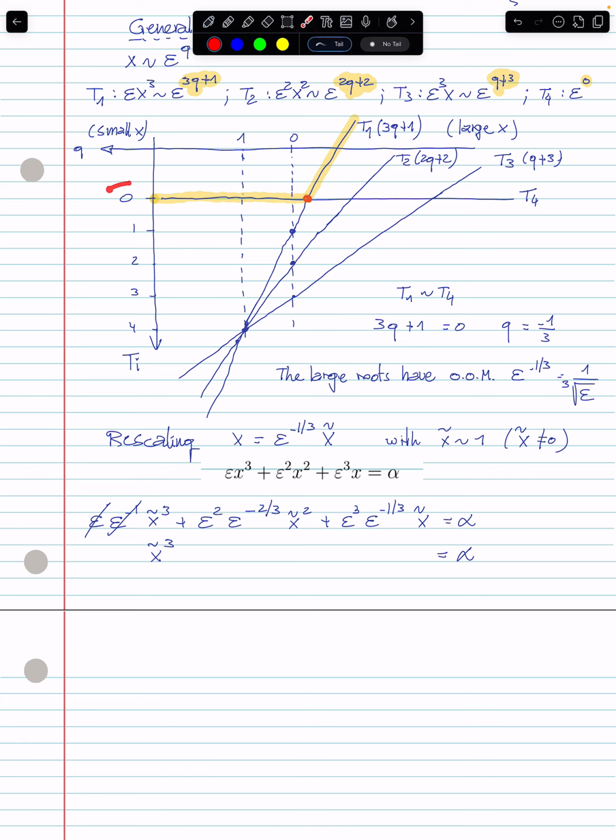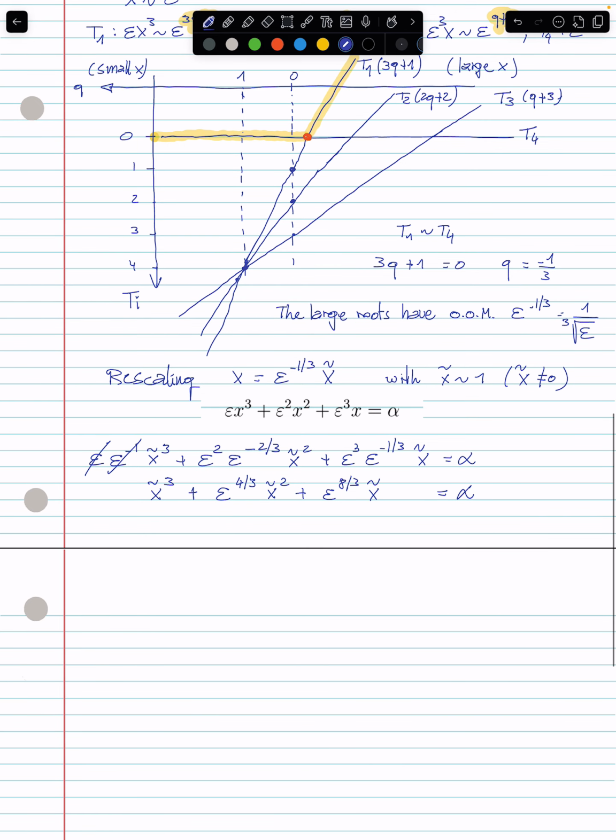So we don't have to multiply or divide the governing equation by any power of epsilon, because this is already of order 1. And so what we have here is now epsilon to the power 6 minus 2, so that's 4 over 3, that's indeed a small number, plus 9 minus 1, 8 thirds x tilde.